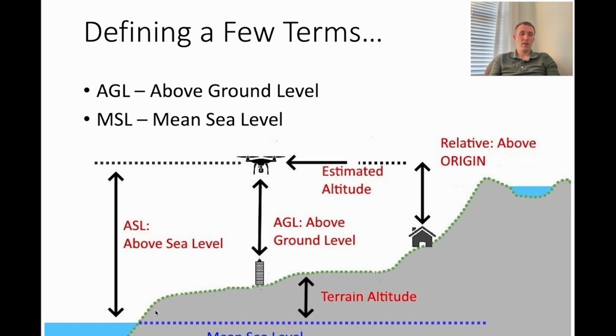So over here, near the coastline, ASL is almost equal to AGL. And over here, up on this hilltop, AGL could be significantly less than mean sea level height. And that's going to be true pretty much for all of the slides that we'll show in the next few minutes. For example, the Denver airport sits a mile up. The elevation of Denver is about a mile above sea level.